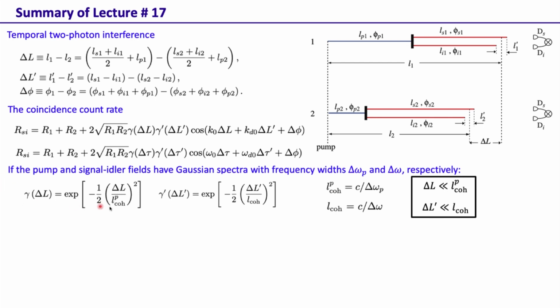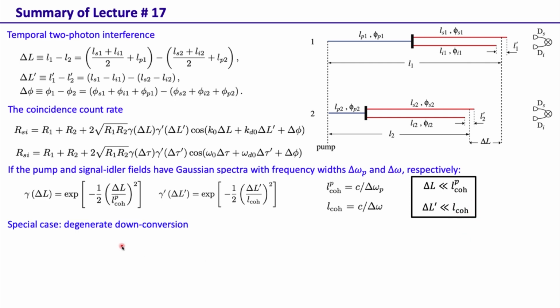And so for the two-photon interference experiment, we had two conditions for interference. One is that delta L has to be less than the coherence length of the pump, and delta L prime has to be less than the coherence length of the signal and idler field.